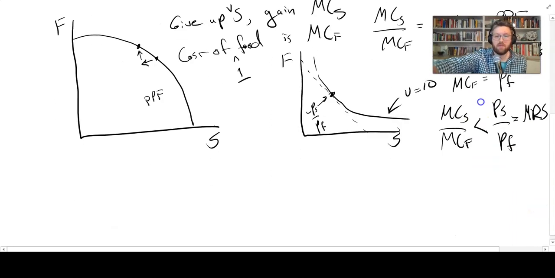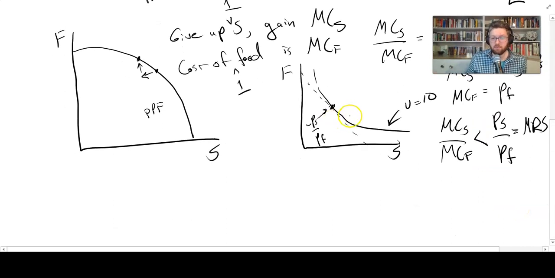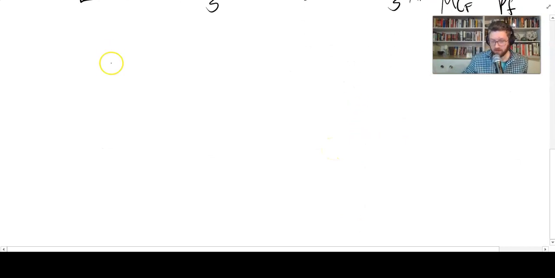Okay? So this is my little proof basically, that when you have a monopoly, we now have MRT no longer equal to MRS. And that's because the MRT, the slope of the PPF, is no longer going to be equal to the price. If I want to draw basically what's happening, it looks something like this.